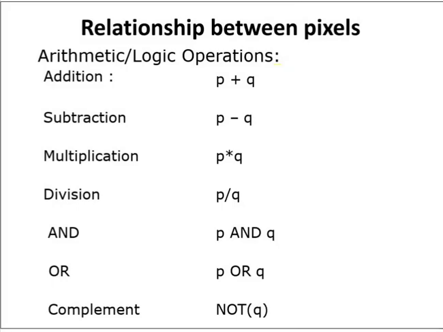The neighborhood based arithmetic or logic operation is denoted by P, written as W1A plus W2B plus W3C plus W4D plus W5E plus W6F plus W7G plus W8H plus W9I. It is denoted by the summation of WiZi. This is the representation of neighborhood based arithmetic or logical operations.